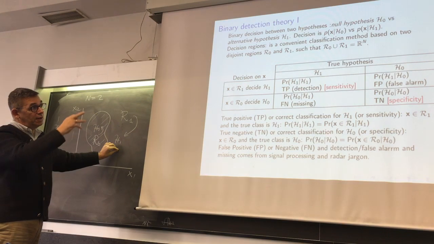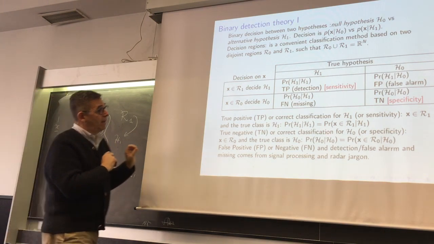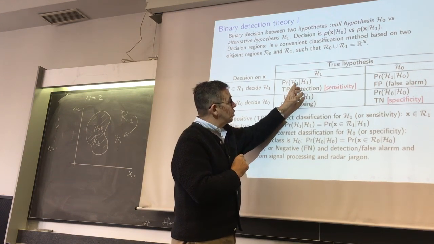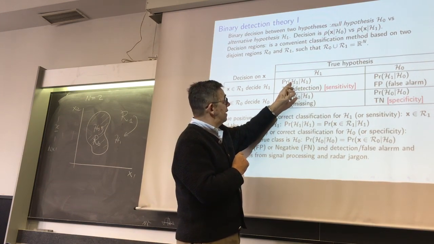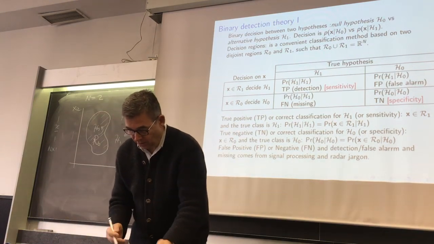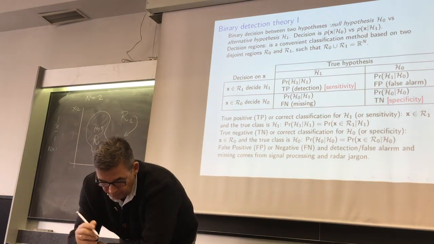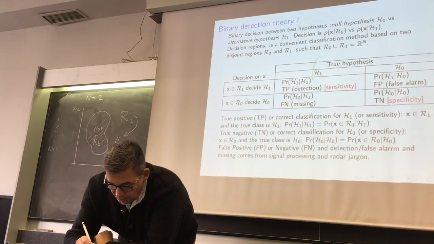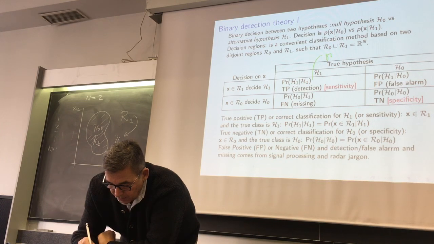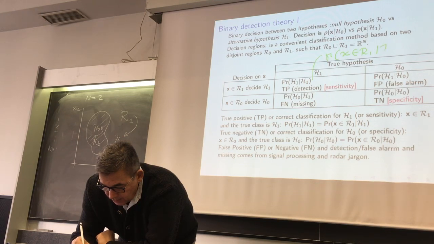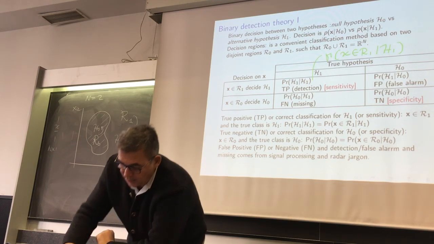So then the probability, I indicate with this shorthand, the probability that a specific point, let me write here, this one says the probability that X belongs to R1 given that it was generated as H1.